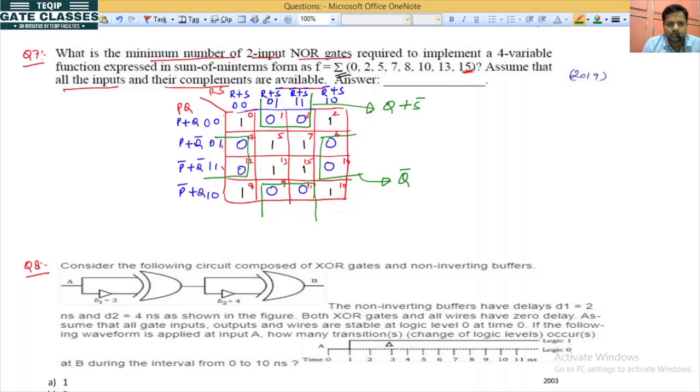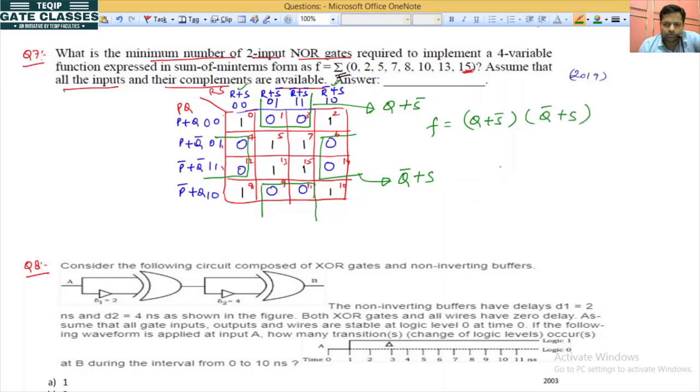From above we have R plus S, R bar plus S, so S is common. So the function will be (Q plus S bar), because it is product of sum, times (Q bar plus S).